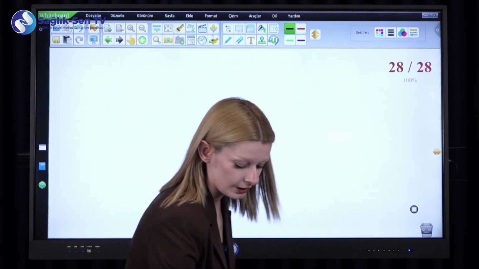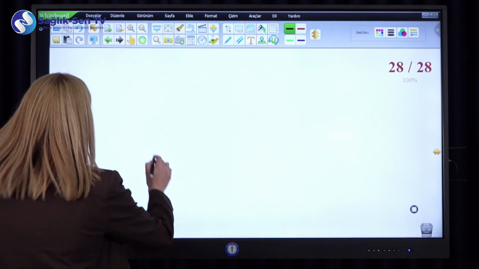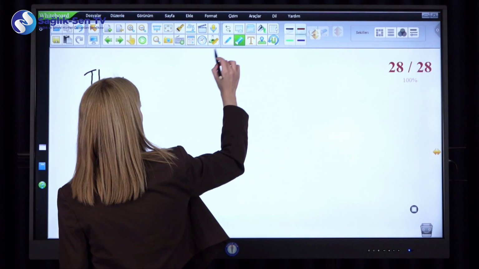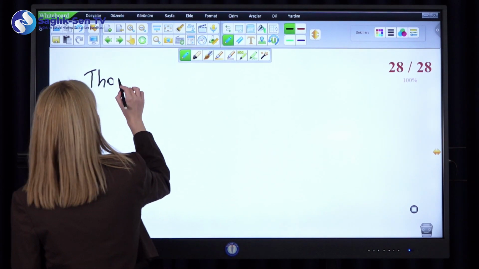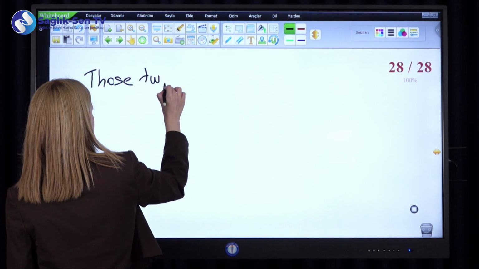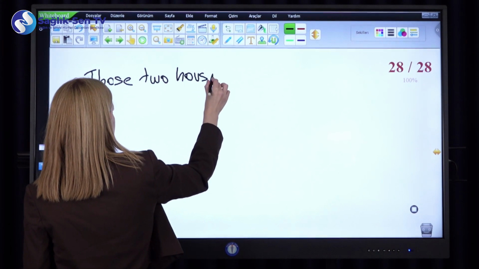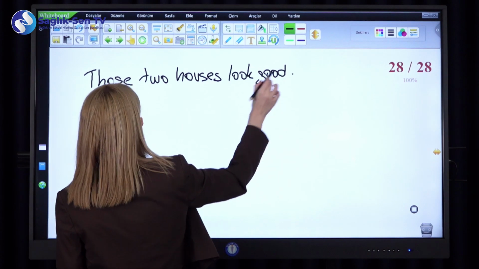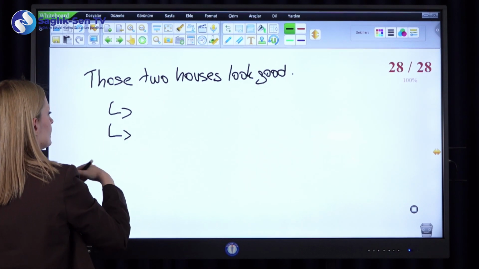Another example: those two houses look good. Now I want to write this sentence using both.